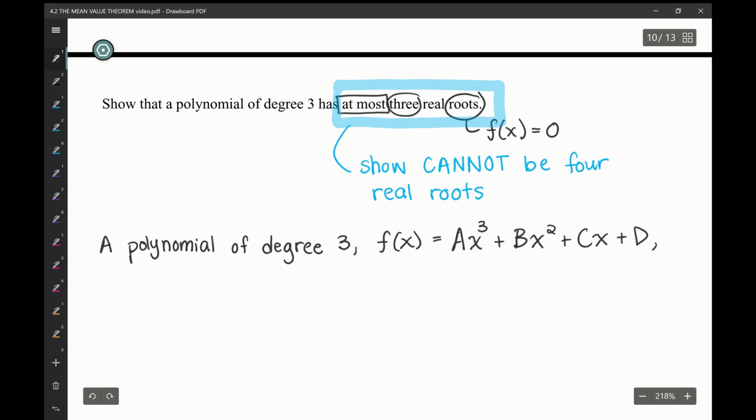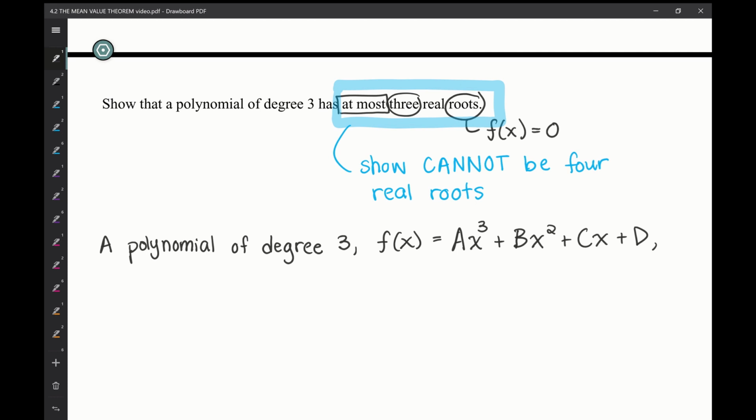I'm using capital A, B, C, and D for the coefficients because later on for some of my solutions and inputs, I'm going to be using lowercase letters. And rather than using the whole alphabet, I'm just going to use some uppercase and lowercase letters.